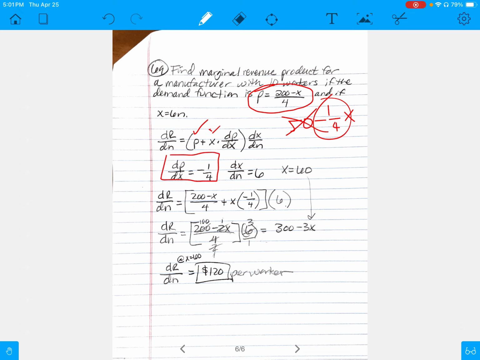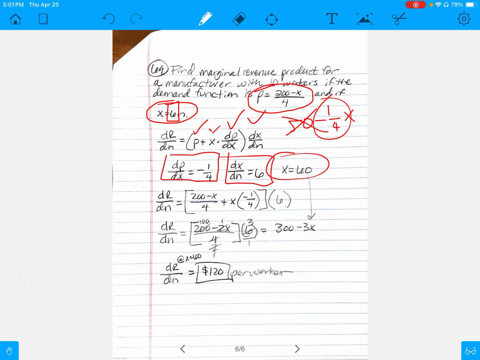So dp dx is negative 1/4. Then to find dx dn, I'm going to go to my x function over here, x equals 6n. Find the derivative of that with respect to n. Well, it's just the 6. So dx dn equals 6. And when we have 10 workers, we know that if x equals 6n, and n is the number of workers, then x is equal to 60.